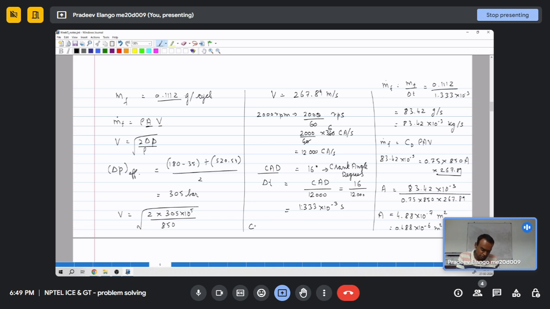Sometimes in some engine literature you will also see it as crank angle duration. Okay, anyway. Do you have any other questions in this problem, or can we move on?